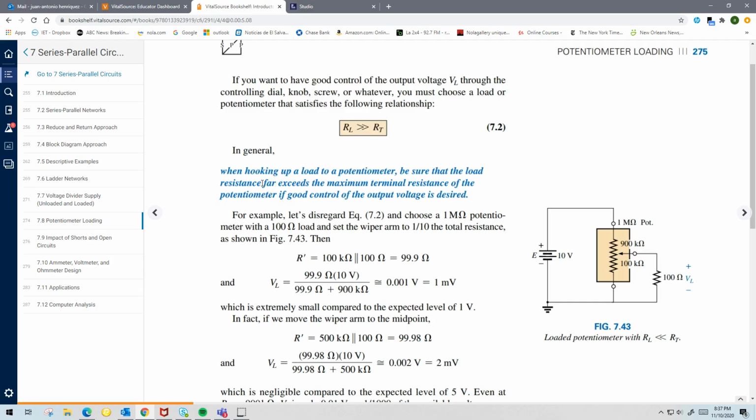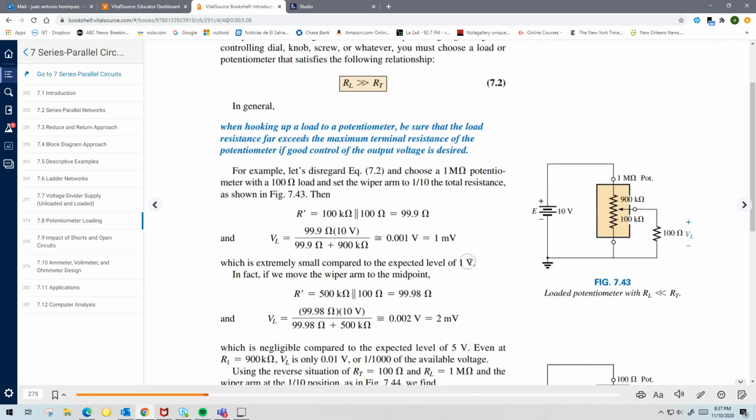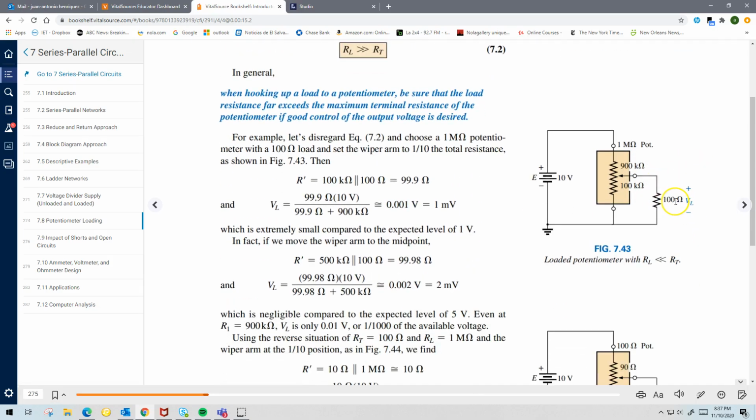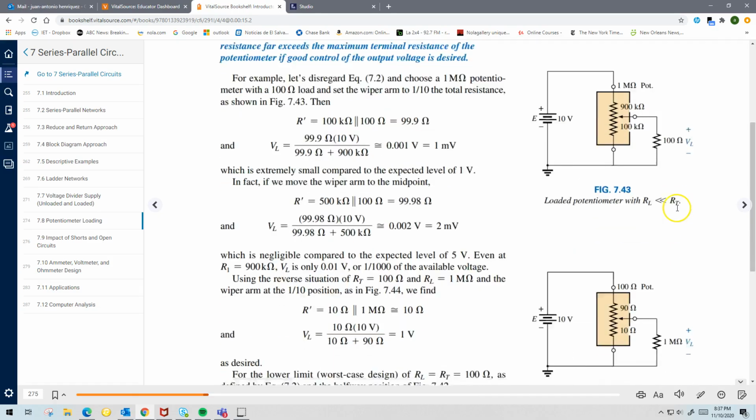So when hooking up a load to a potentiometer, be sure that the load resistance far exceeds the maximum terminal resistance of the pot in order to have good control of the output voltage. If you don't follow that rule, then that voltage is not going to be well regulated. It's not going to give you a good voltage that you can use.